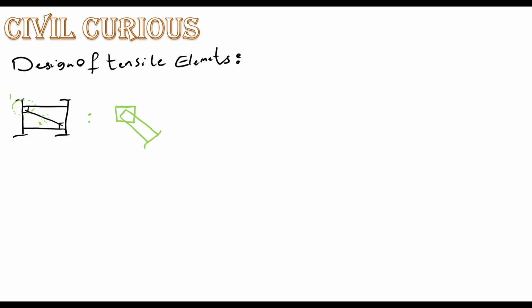And this is the section, and we suppose that our element is connected to the gusset plate with 3, for example, joints.